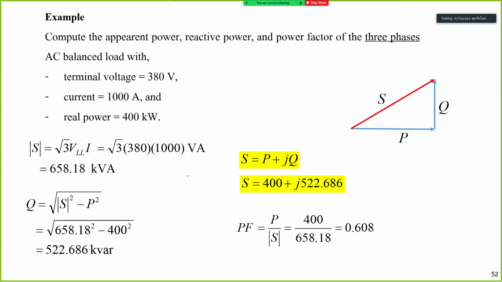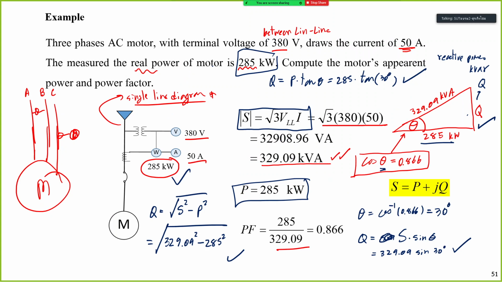Okay, let's see another example here, right? Compute the apparent power, active power, and power factor of the three-phase AC balanced load. So if we have the load with the terminal voltage of 380 volt, the current is 1000, and we have real power, just similar to this example, right?